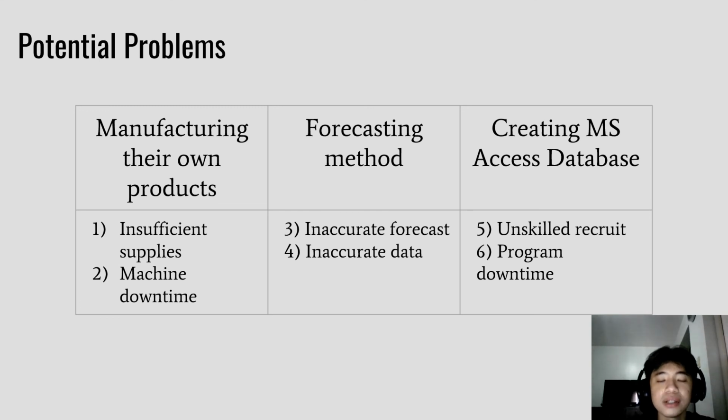The likelihood is 3, the severity is 5, and the risk score is 15. To prevent this, always be more cautious in hiring a new employee. Always check their academic backgrounds and their experiences. The corrective way is to find a more skilled programmer.